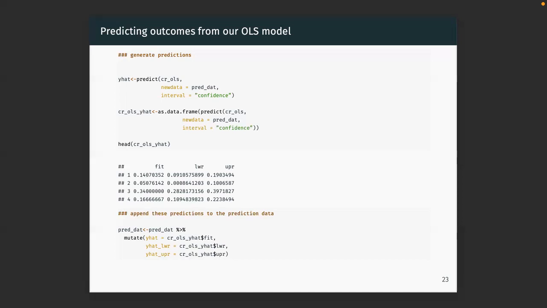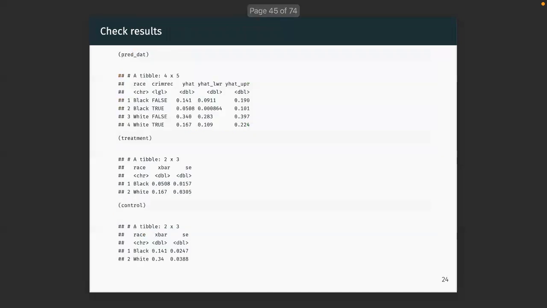So we get Y hats, lower bound, upper bound. And I'm going to just stick it all together with a mutate to put it in a single data frame along with my prediction data. So now I'm going to have black, false, black, true, white, false, white, true. Here is the expected callback rate. Here is the confidence interval.